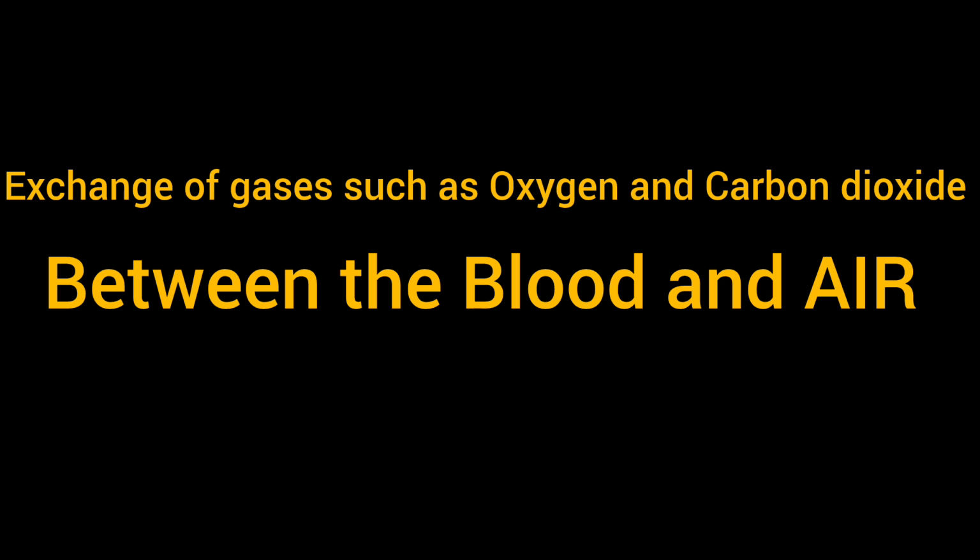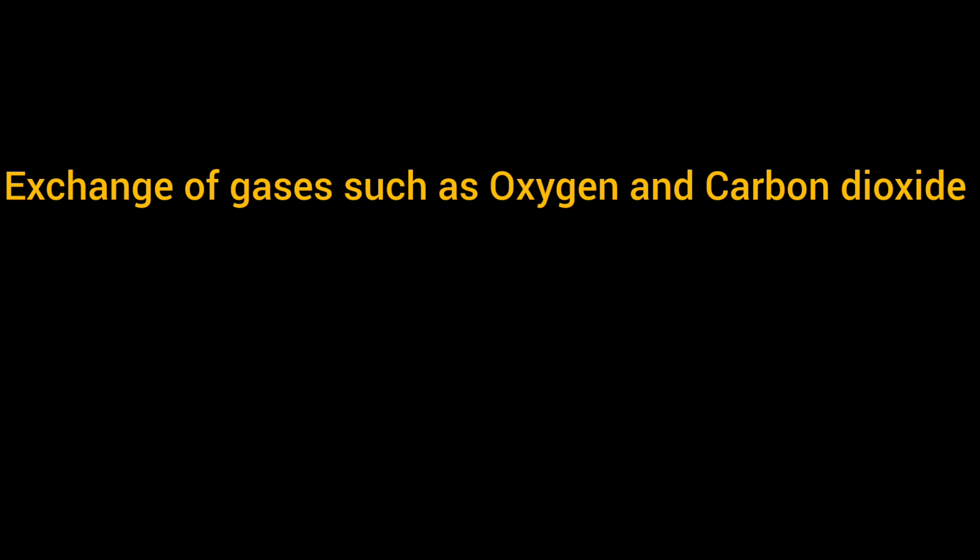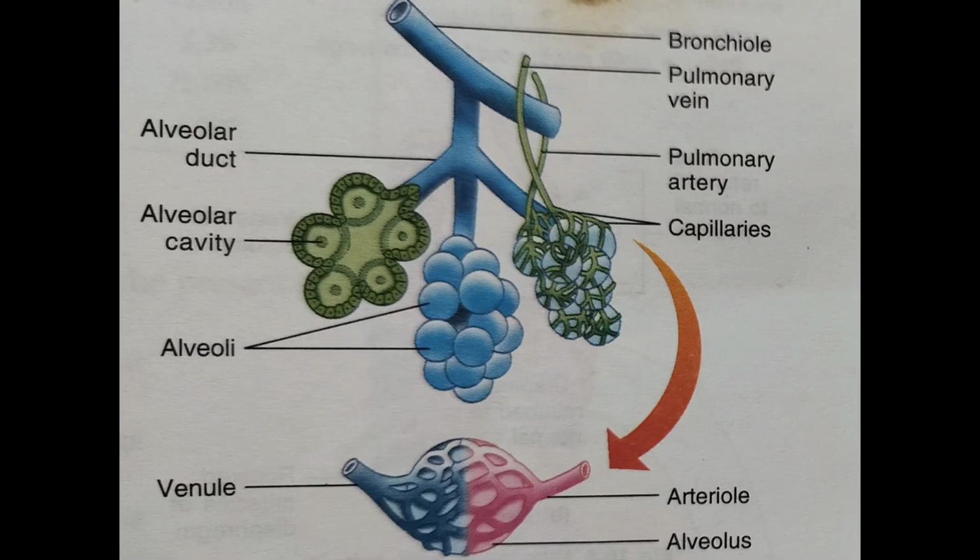The alveolar walls have the following features which make them more efficient and increase the surface area for the exchange of gases. So let us study now. As you can see in the picture, alveolar walls are thin and formed of a single layer of squamous epithelium cells.